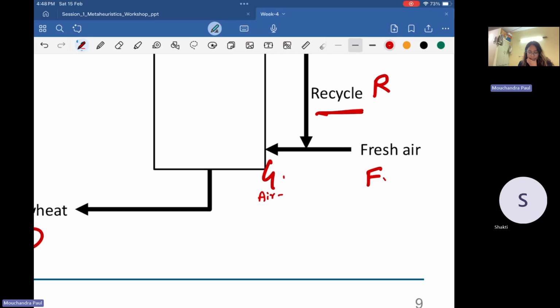So this will be 1. So these are the mass fractions of air and water in the 3 streams.